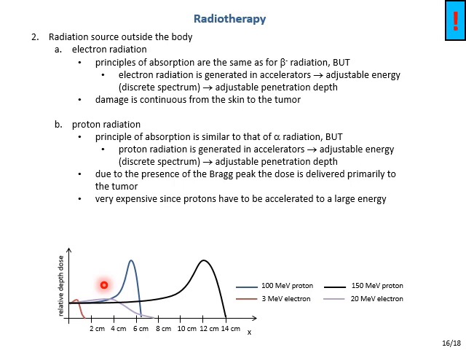There is a way to get around this problem, which can be achieved with the application of proton radiation. The principle of how proton radiation is absorbed, how it produces ionizations, is very similar to what we discussed for alpha radiation.